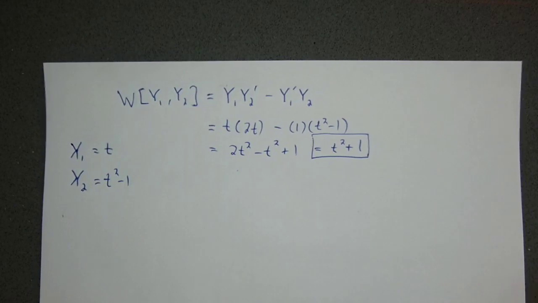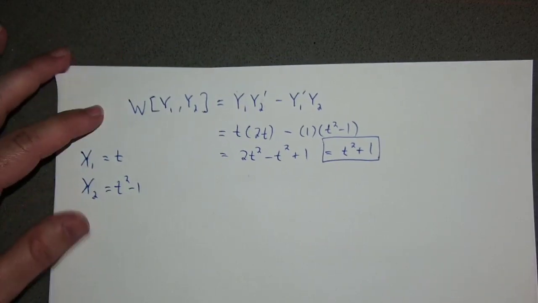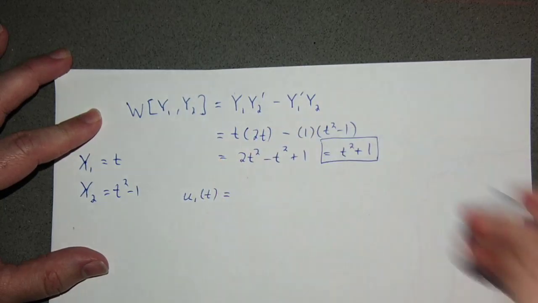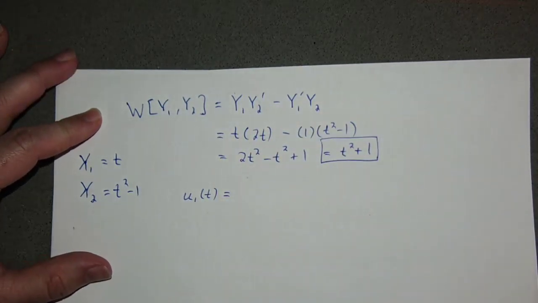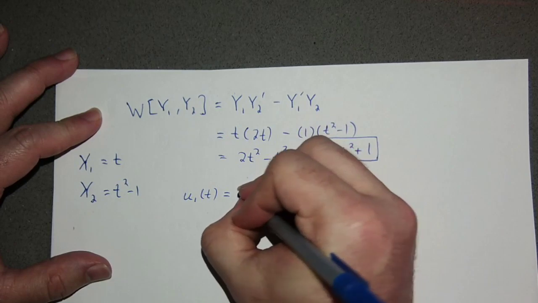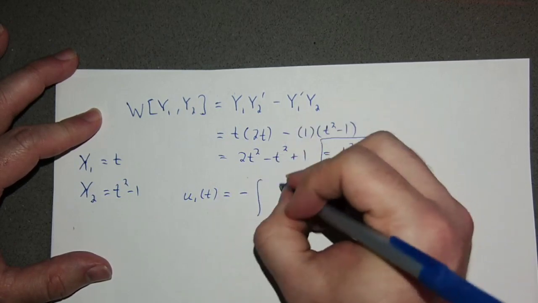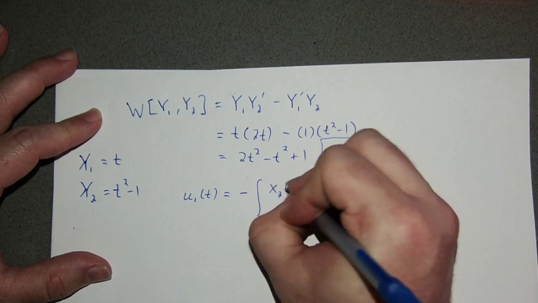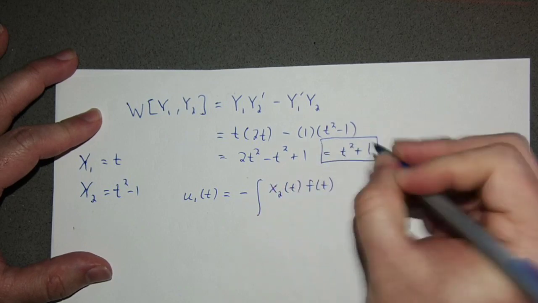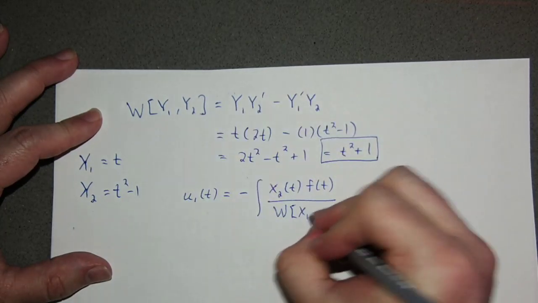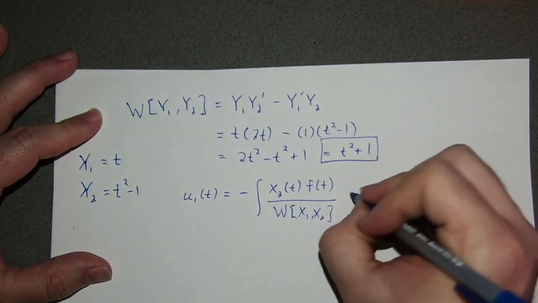Now to compute u sub 1. So u sub 1 of t, again, not an issue for you since you're going to have access to the notes, but just to remember, u sub 1 gets the minus, and this is minus the integral of x sub 2 of t, f of t, over the Wronskian of x sub 1, x sub 2, dt.